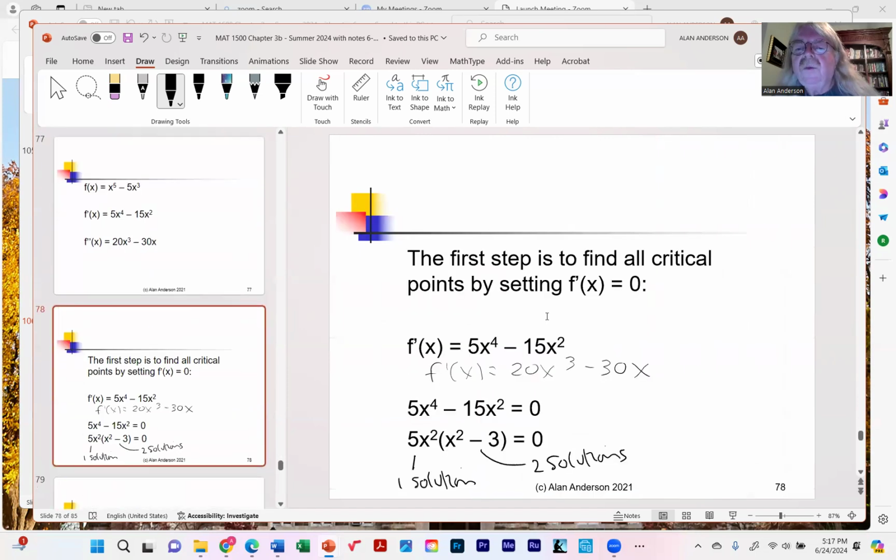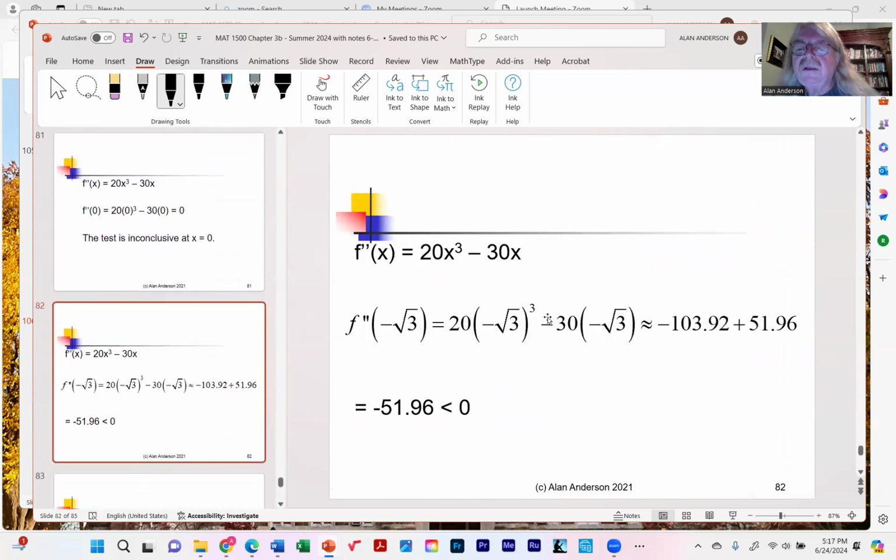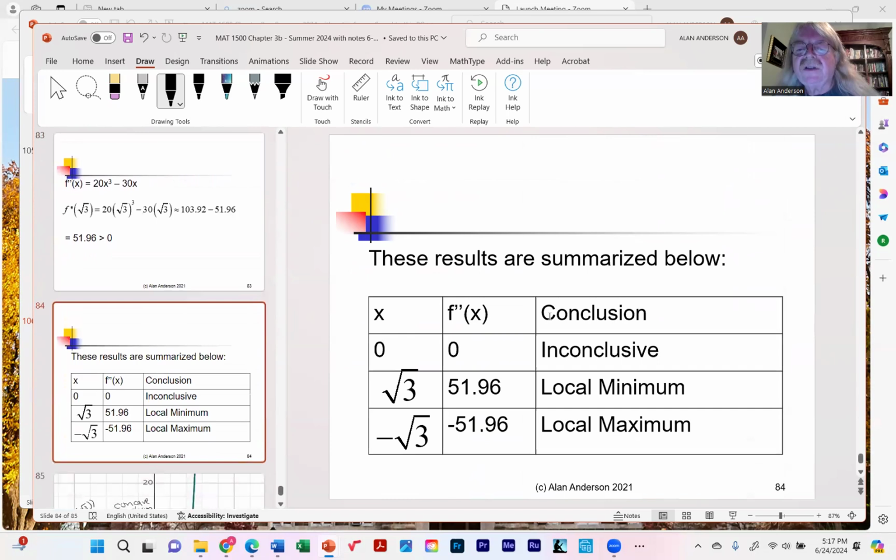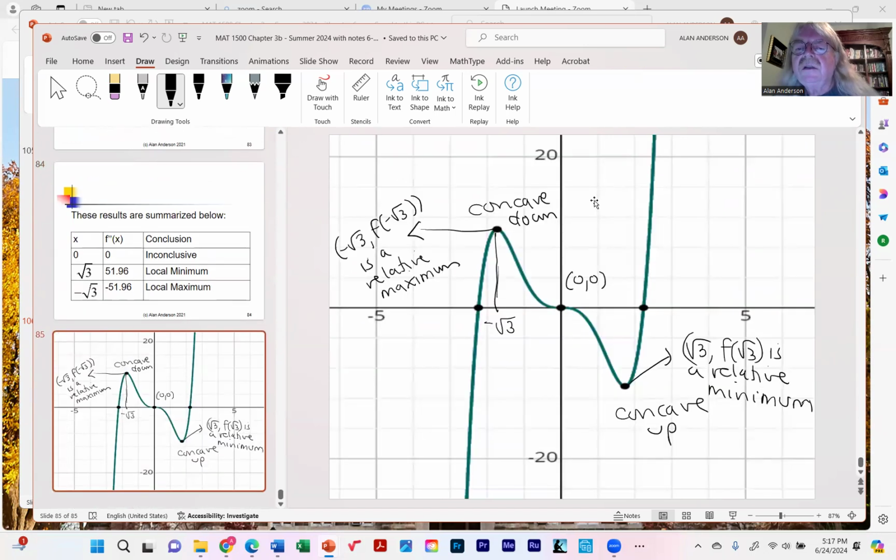Here, what we need to do is try a different test. It says inconclusive here. That usually means there are other things we can try. And we can also remember that we can identify these as concave down and up.